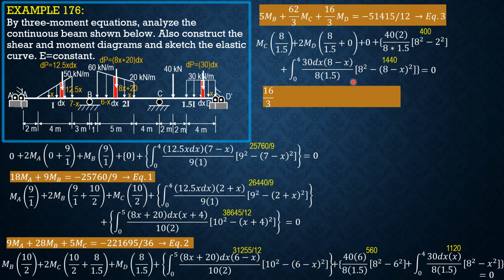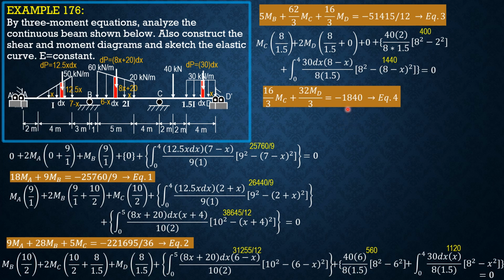So simplifying, 16 over 3 MC plus 32 over 3 MD equals negative 1840. Call this equation 4.